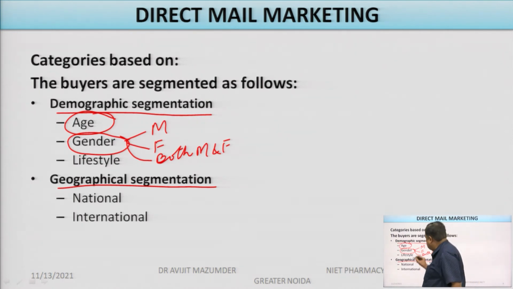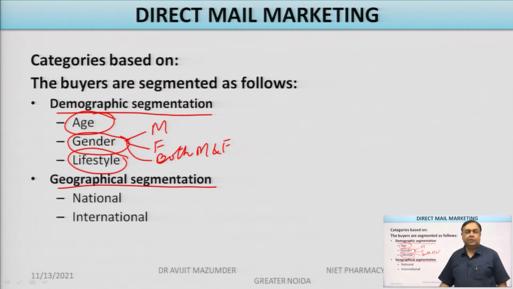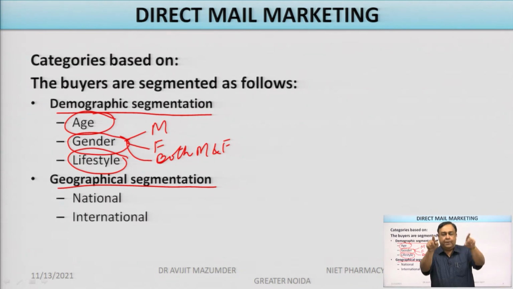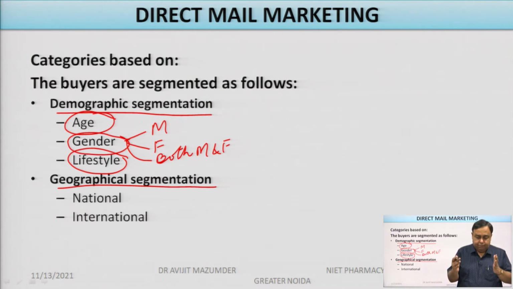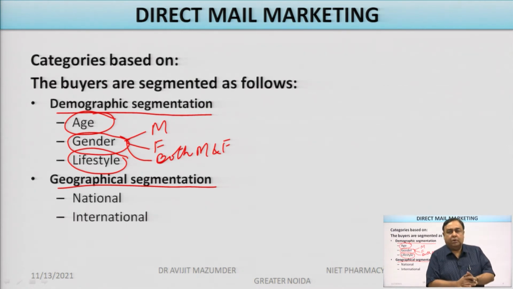Next, the demographic classification is on the basis of lifestyle. What sort of lifestyle they have, because some people follow a sedentary lifestyle. Say, for example, you are framing a product like a cushion, which we use when sitting in a chair.